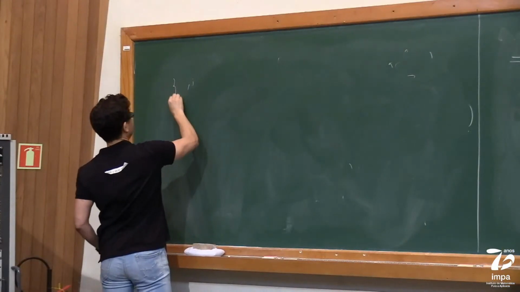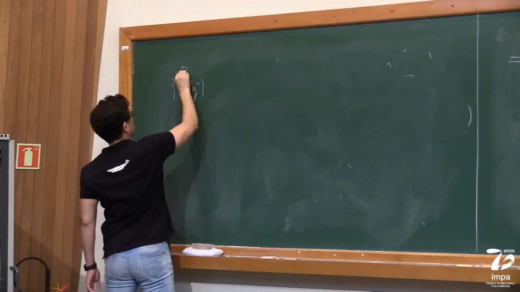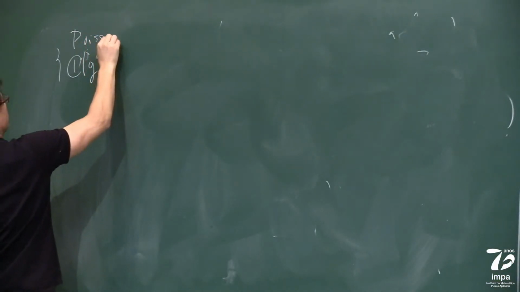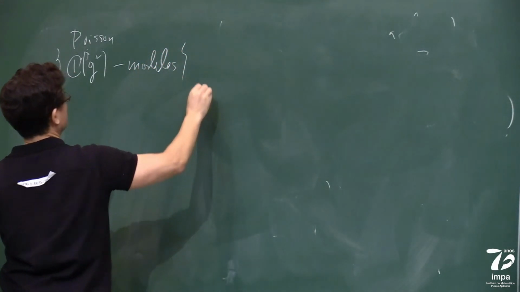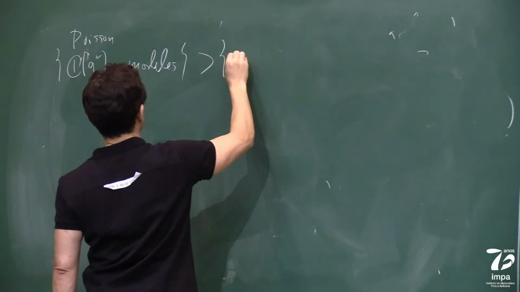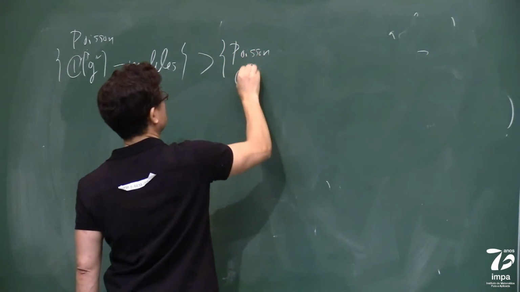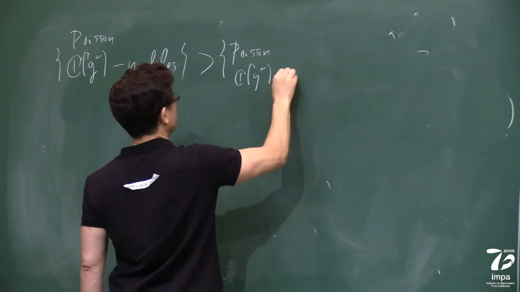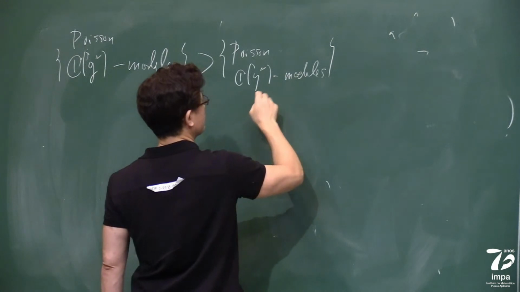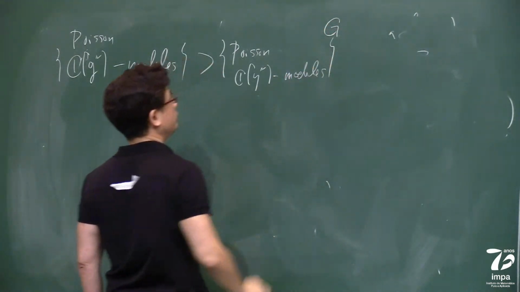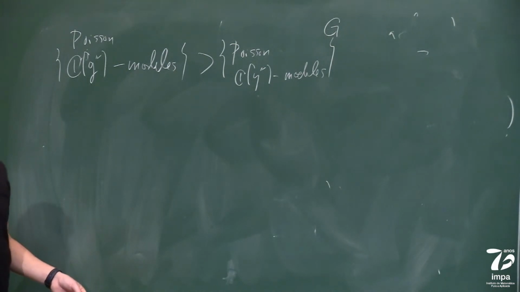If you consider the category of Poisson C[g*]-modules, you have a full subcategory consisting of modules on which the algebra action of g integrates to the action of the group.